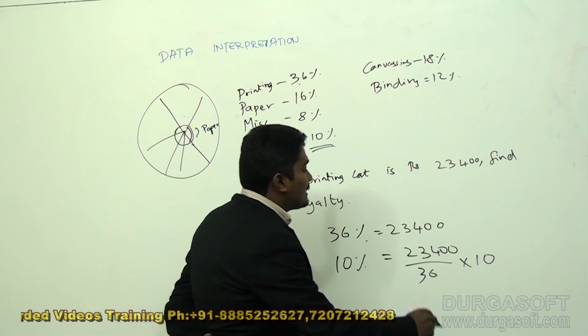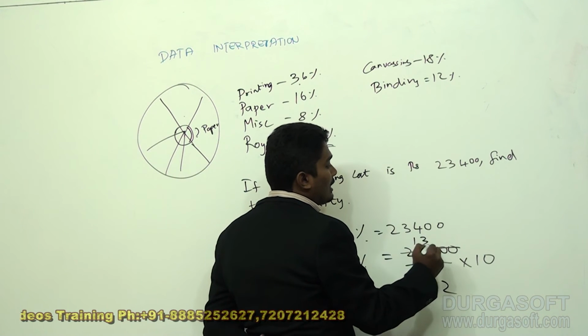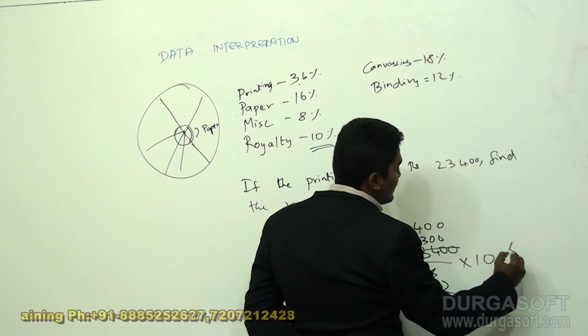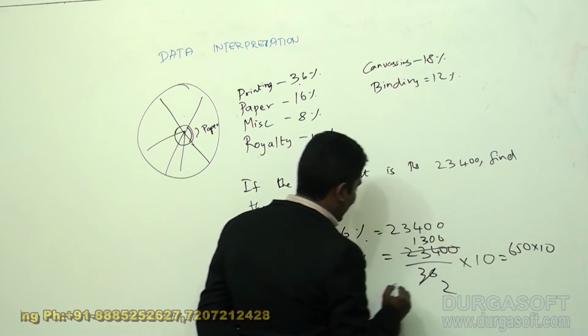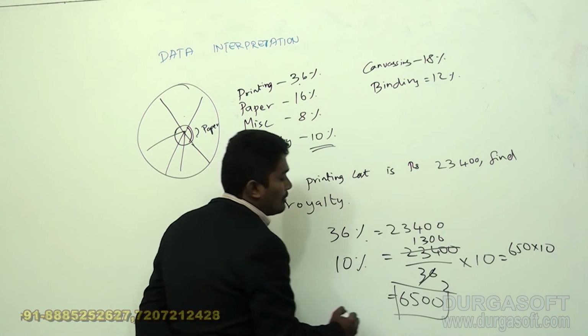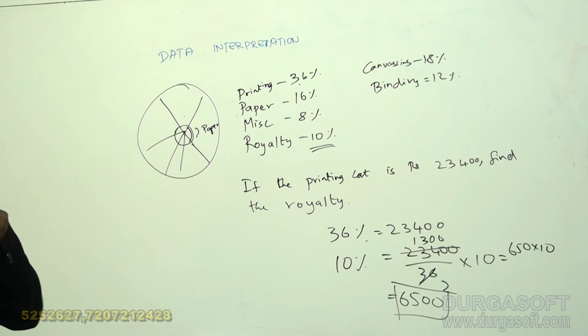Now 18 table 2 times, this 18 table 1 time 18, 3 times 54, 0 0. So 1300 divided by 2 will be 650 into 10, which is 6,500 rupees. So the answer for the second question will be rupees 6,500, which is your first option given in the answer.